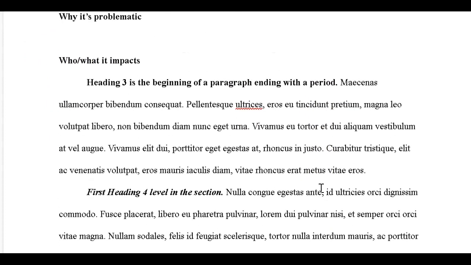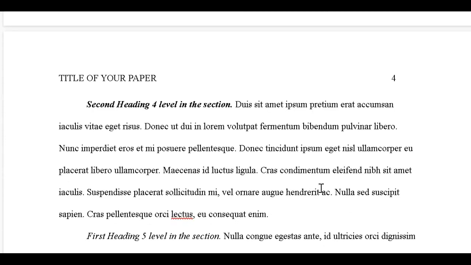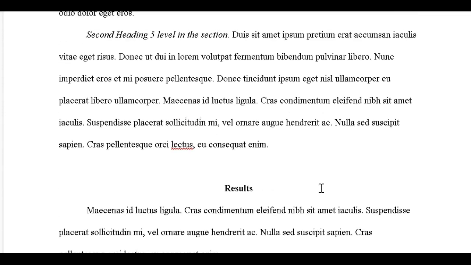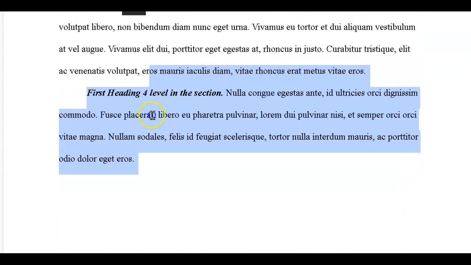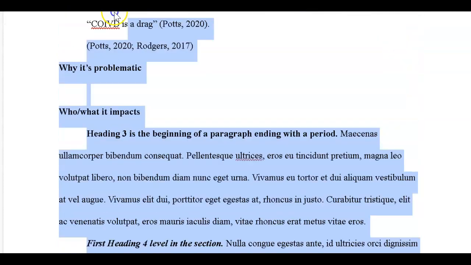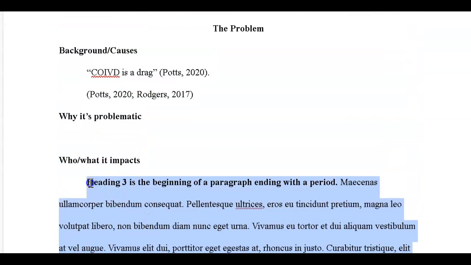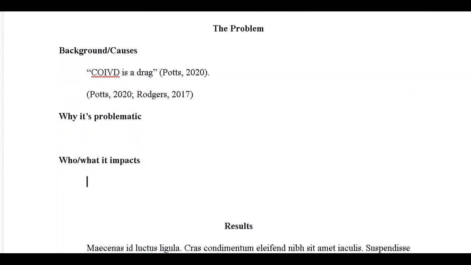Now, if you would like, just so things don't get confused, you can actually delete all of this, level 3, 4, 5. We're not working with any of that. And here's why. Make sure you unbold yourself. We're not working with any of that because that's for more significant research.